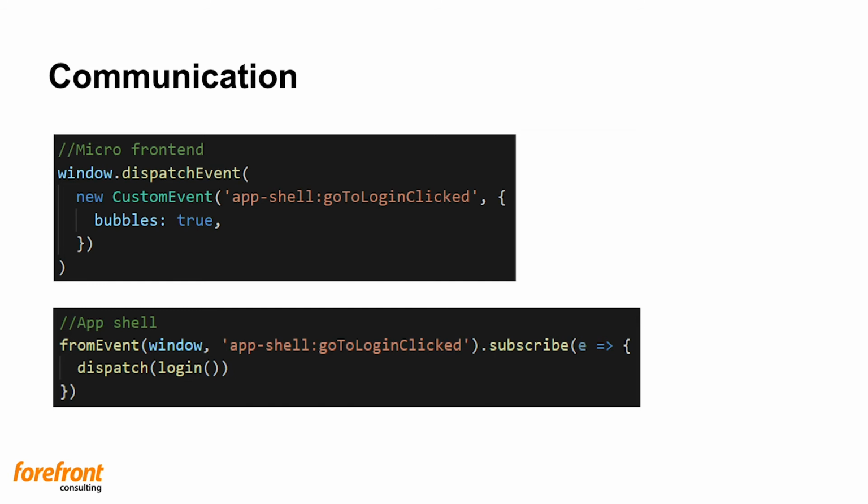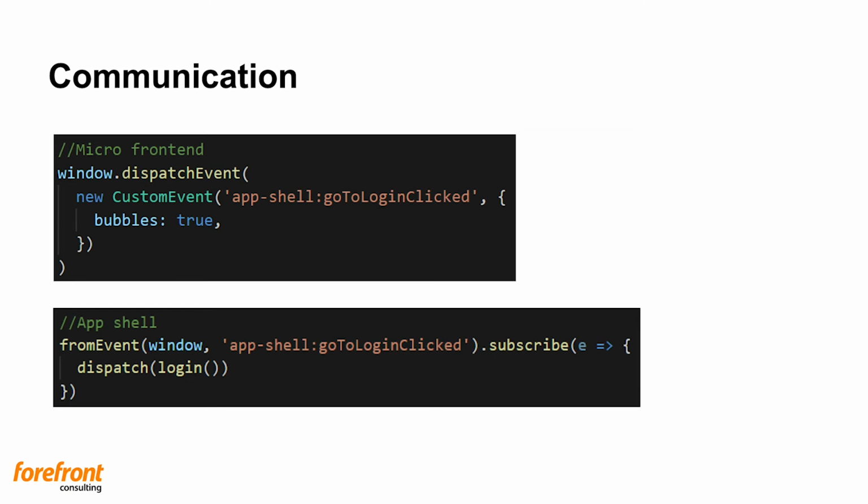So we're using the built-in browser message dispatch to do this. And so here at the top, you can see the micro-frontend dispatches an event on window where it says, go to login clicked. And then in the app shell, we can subscribe to that event as we please.